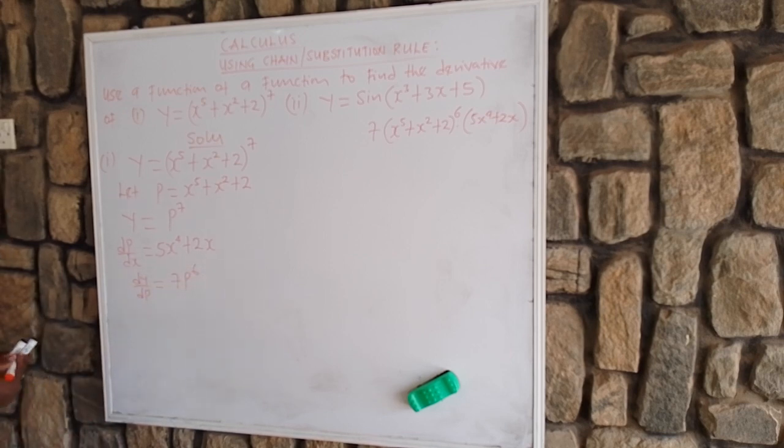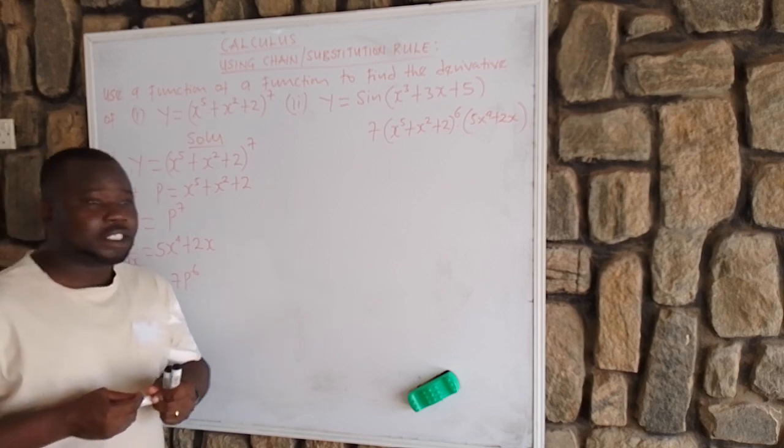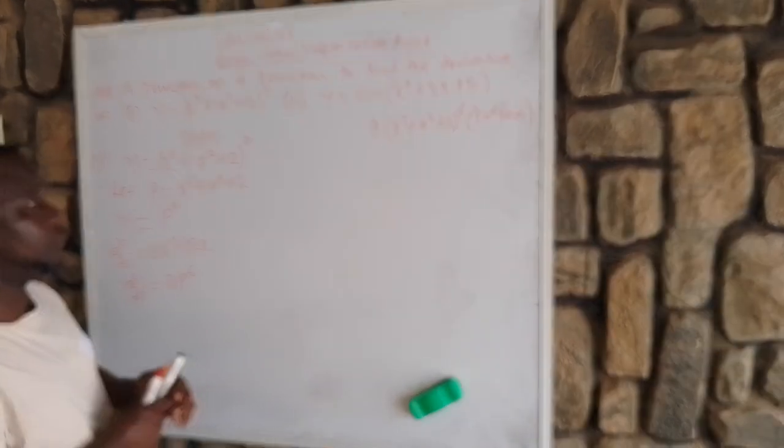So now you can see that chain rule, or substitution, that is function of a function, is what forms the formula. How? It implies that your dy over dx, since you are asked to find dy over dx, is the product of this and this. Is that clear? dy over dp times dp over dx.